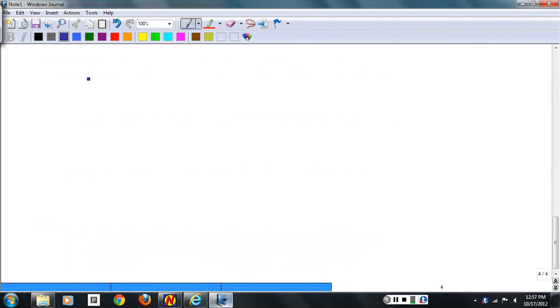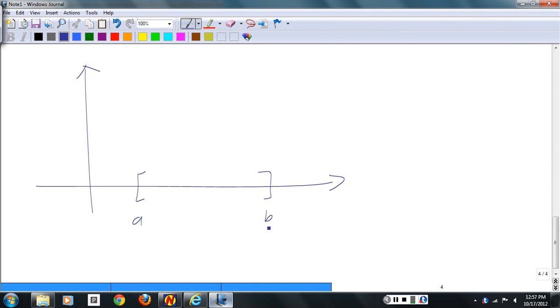Suppose we've got a function defined on the closed interval a, b, and it has to have a value at a. Let's say it has that value. And then let's say it goes up like this and then turns. And so right there we're going to say this is x sub 1.